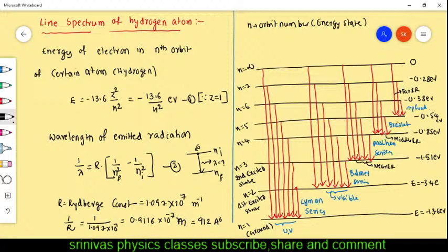That means in the Pfund series, the energy is released in IR radiation. In Brackett also IR, in the Paschen also IR, right? The last three series, Paschen, Brackett, Pfund, belong to IR radiation, and the first one is UV radiation, and the second one is visible.